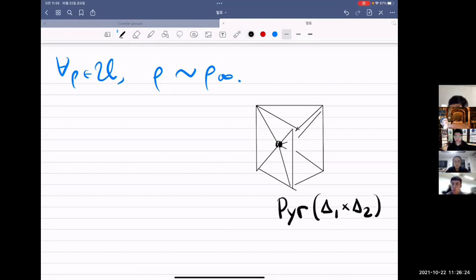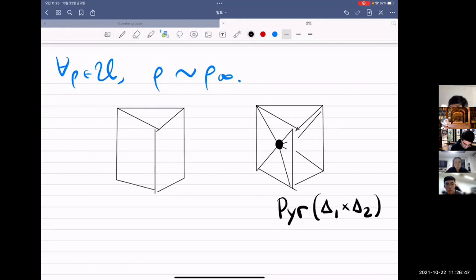This vertex is exactly the apex. Okay. But if you perturb this polytope a little bit, then we can obtain the following polytope. It should be something like this.